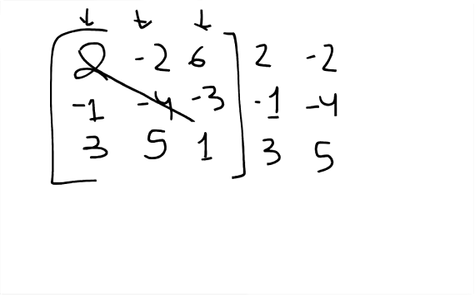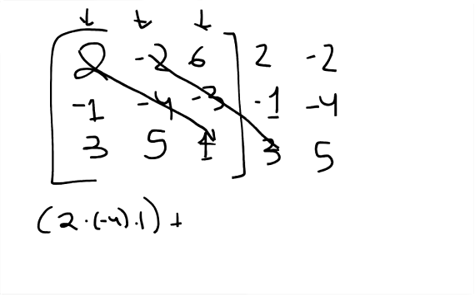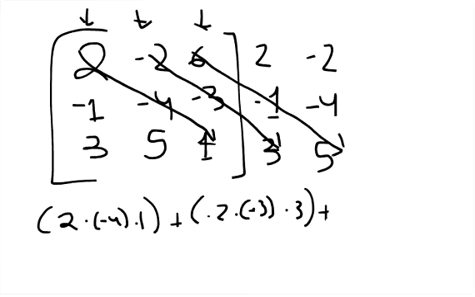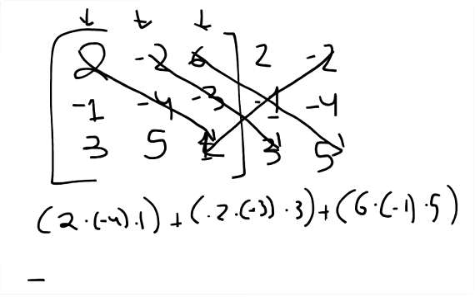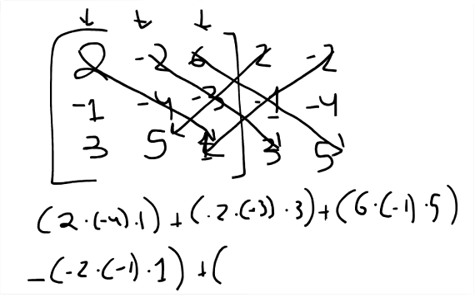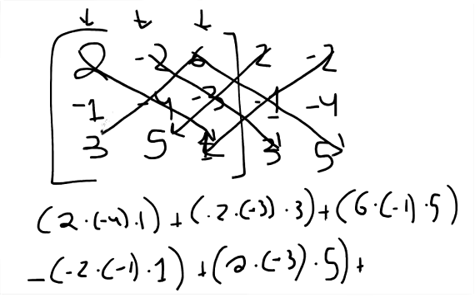So it'll be 2 times -4 times 1, plus -2 times -3 times 3, plus that diagonal section times 5, and then we subtract the sections going the other way: -2 times -1 times 1, plus 2 times -3, plus 6 times -4 times 3.